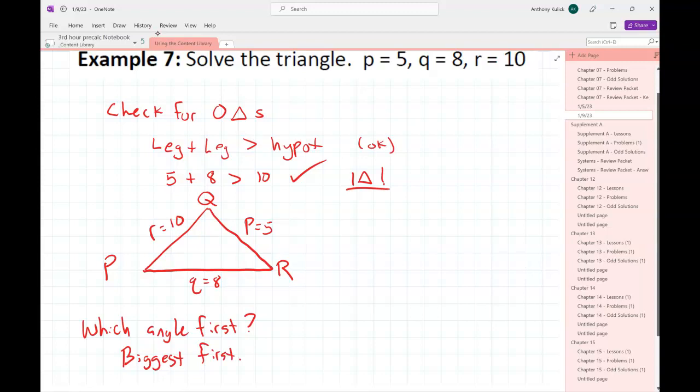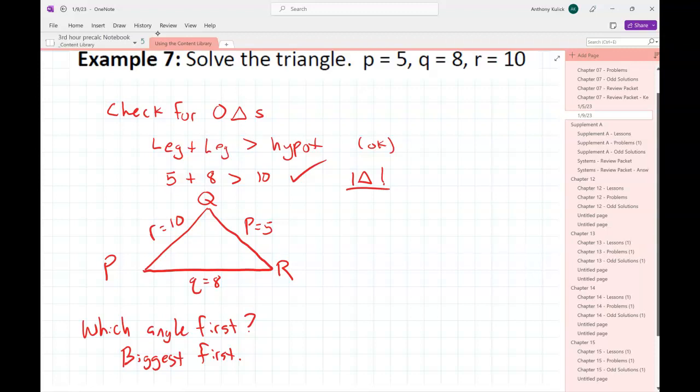So you want the biggest angle first. The reason we want to do that is if the biggest angle is obtuse, we can't fall into that ambiguous case for SSA. Now, if it's still acute, which you can have three acute angles in a triangle, then it really matters which one you pick next because it's like the side angle side situation from before.